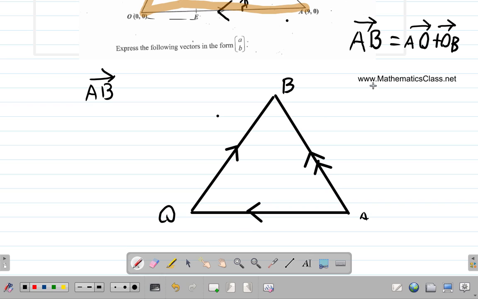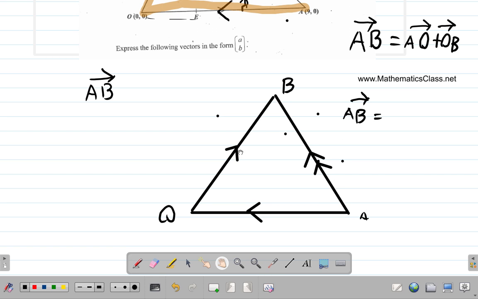So, since AB is AO plus OB, you can say AB equals. Remember, they want you to have it in the form of a vector matrix. Now, what you have is AO.